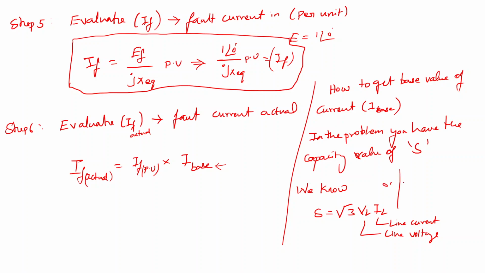Otherwise, I can write 3 VP IP, where IP is the phase current and VP is the phase voltage. Using either formula, I can find the maximum current, IP or IL, and that current I take as base.